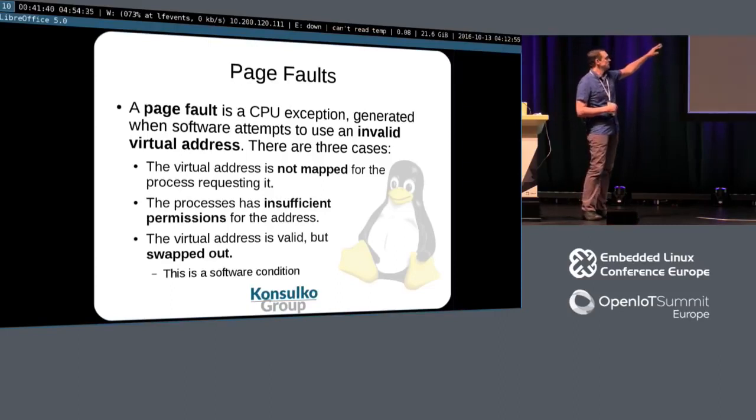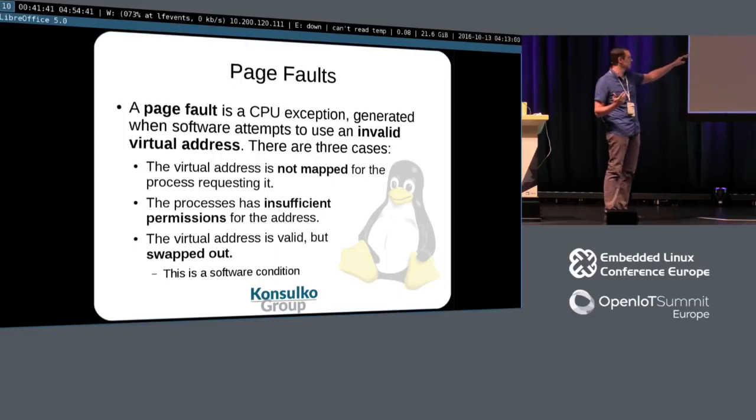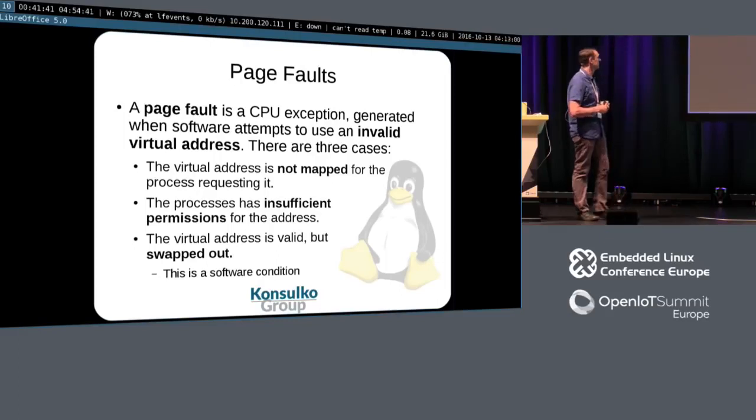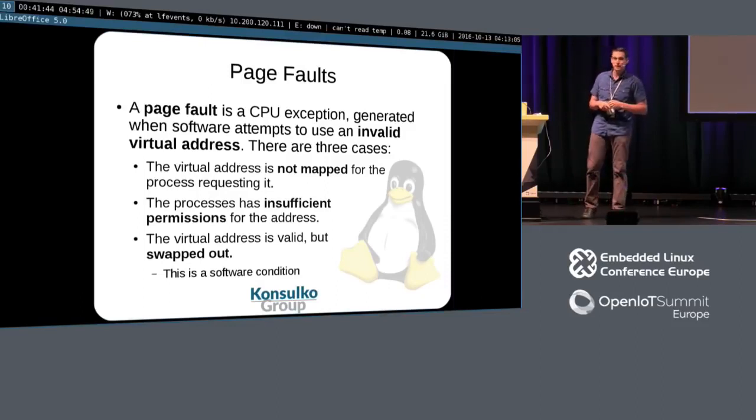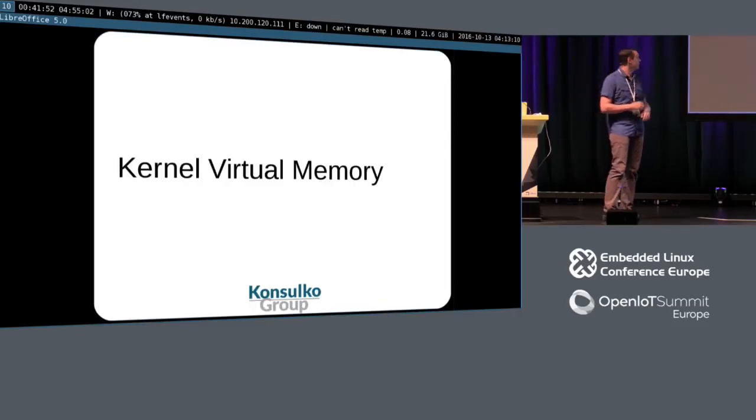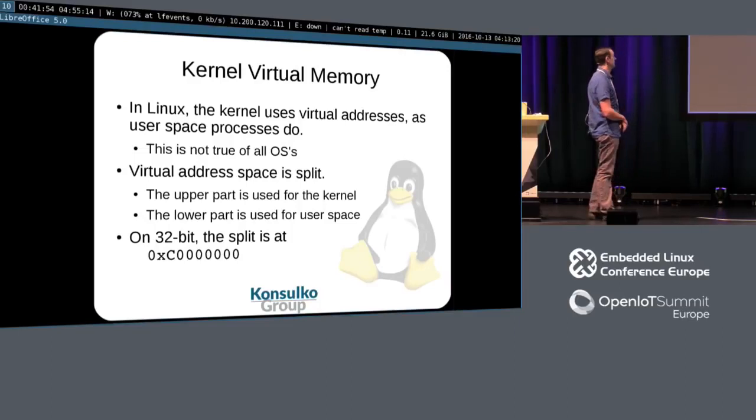First, the virtual address just isn't mapped for the process that's requesting it. Second, you don't have the right permissions, right? And third would be that it's a valid virtual address, but it's currently swapped out. And that one's a software condition. So we're going to dive into each of those, but first we're going to get into the kernel virtual memory side of things, okay?